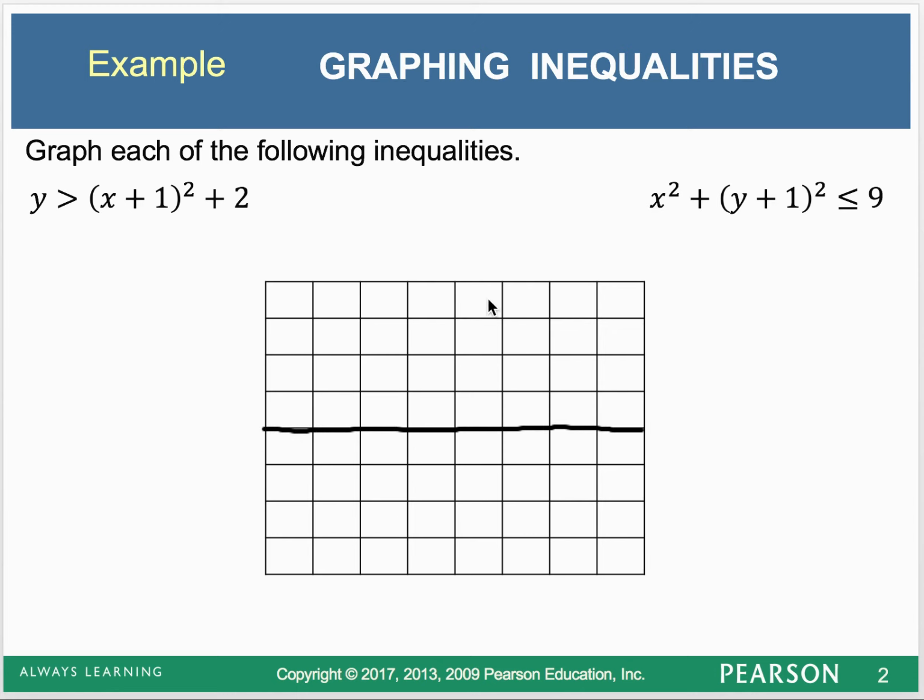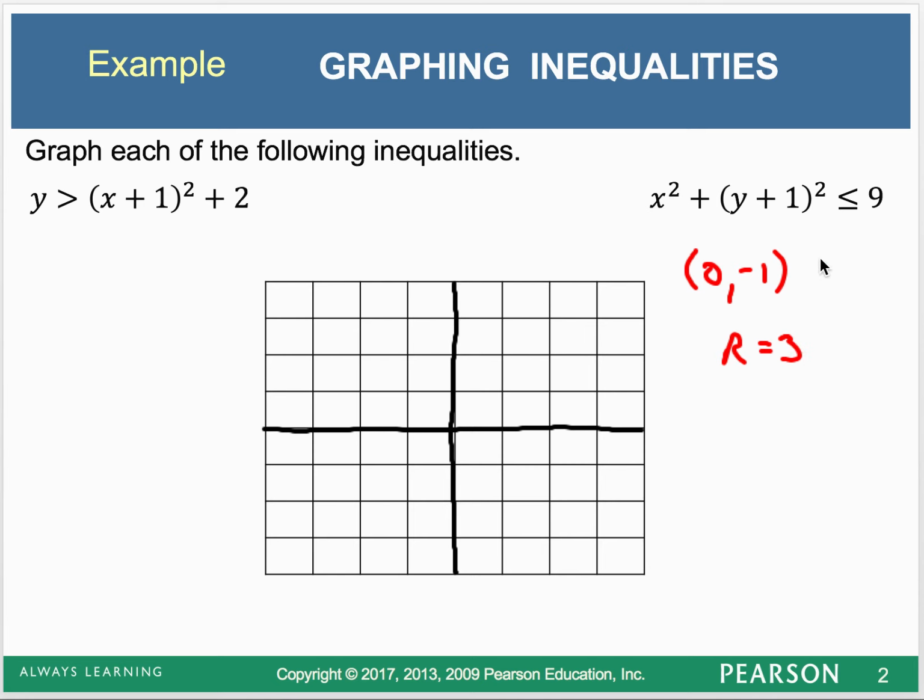This next one is a circle. So what do we need to graph a circle? Yeah, the center and the radius. So the center is 0, -1, right? And the radius is the square root of 9, which is 3.